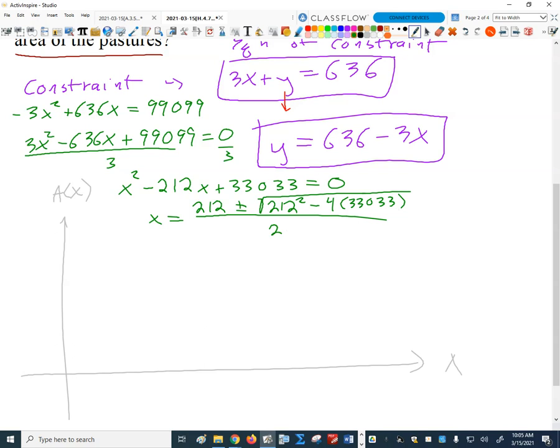So what's that give us? Well, we're going to have to do a little calculator work on this. Let's pull up Desmos.